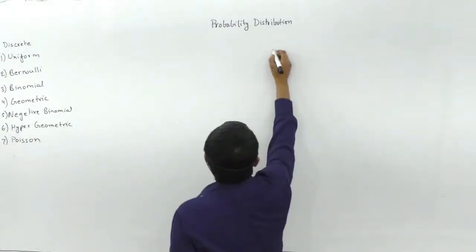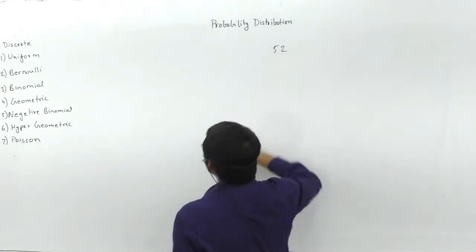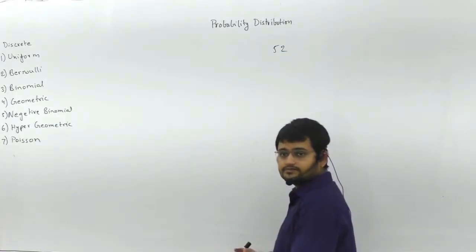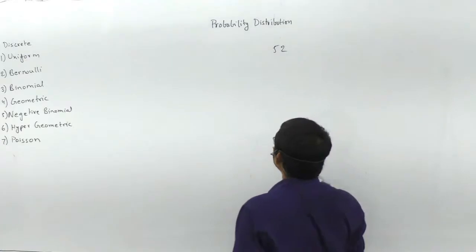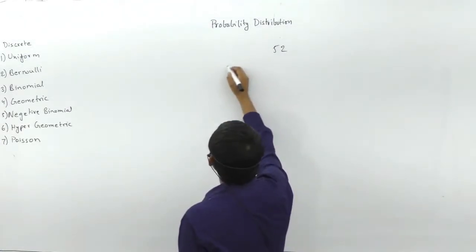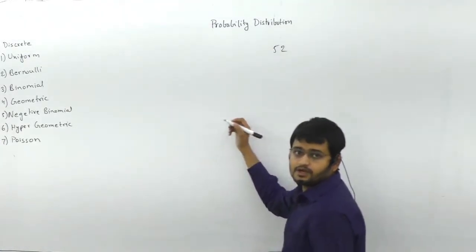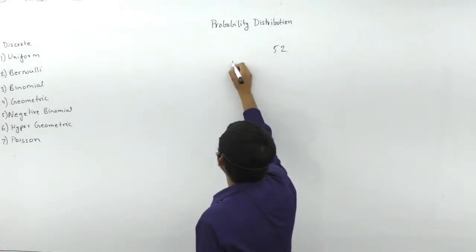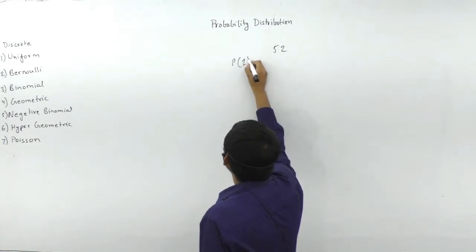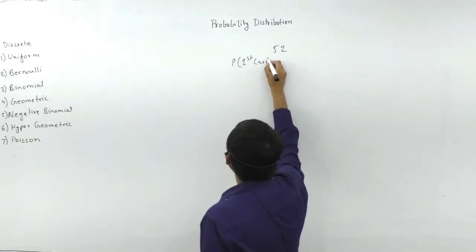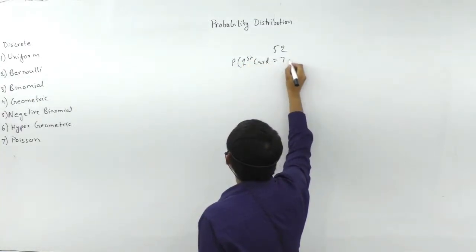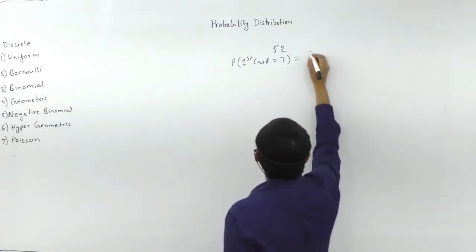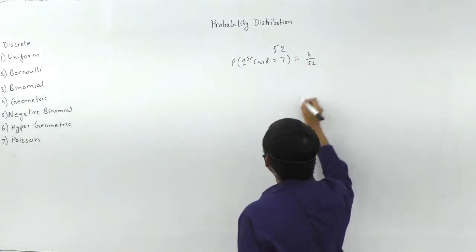Now if I have 52 playing cards and I am selecting 2 at random without replacement, let's say the probability of the first being a 7, where getting a 7 is a success. The probability that my first card is 7 is 4 by 52.